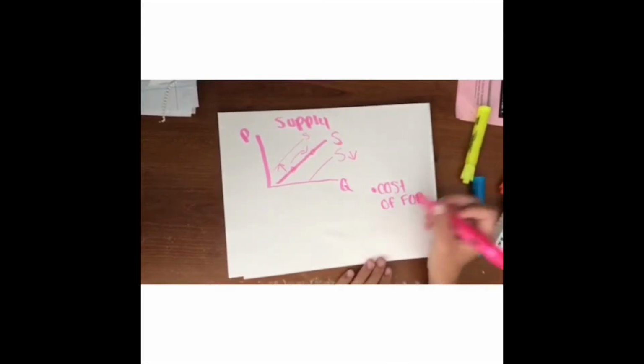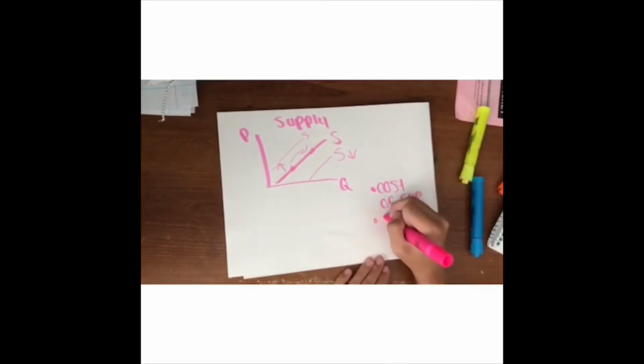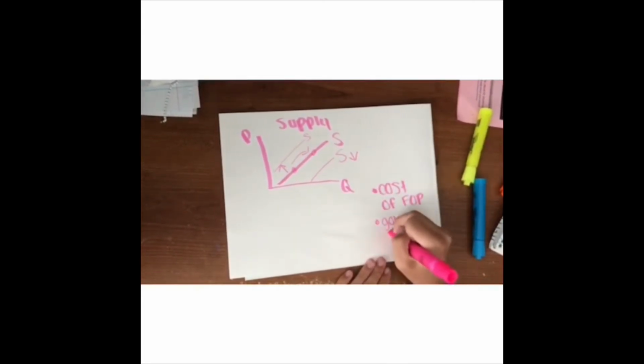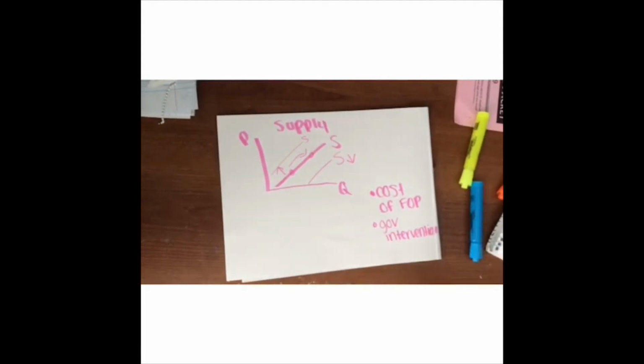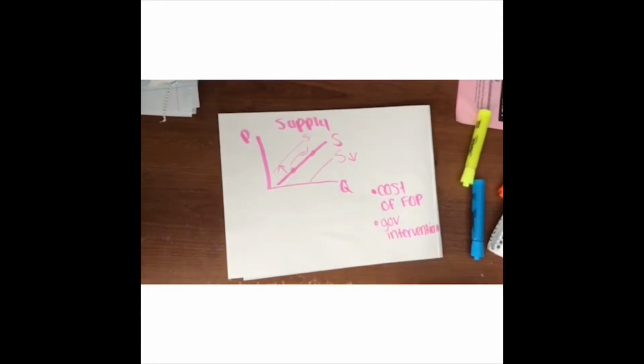And the second main determinant for supply is government intervention, which is specifically talking about subsidies. So a subsidy is basically government issued aid or money that is meant to help assist producers produce more of a good.